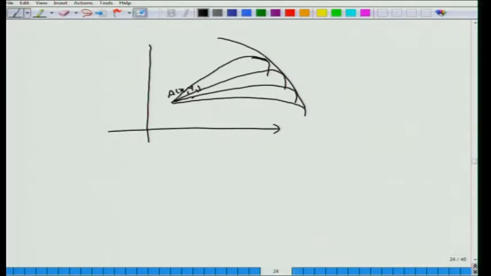Supposing that this is the extremal A star C, which is on the extremal passing through the point A and having a tangential point here on the envelope of this family.